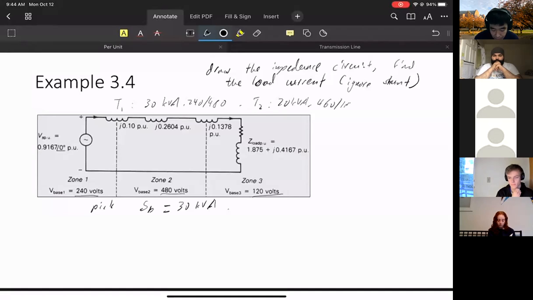460, 115. So normally when we pick a power base, we either pick one of the rated powers of the transformers, or a value comparable to the maximum load power in this circuit. I see, thank you. So for this problem, we could have picked 20, right? We could pick 30, or we could pick 50 for a round number.